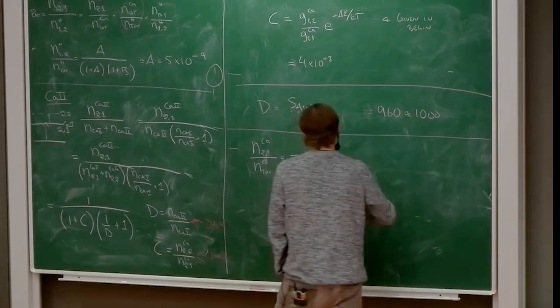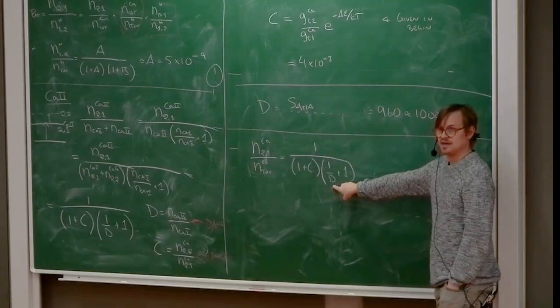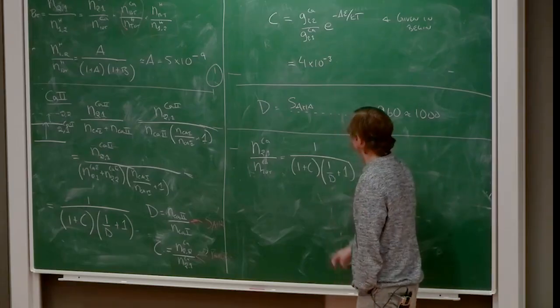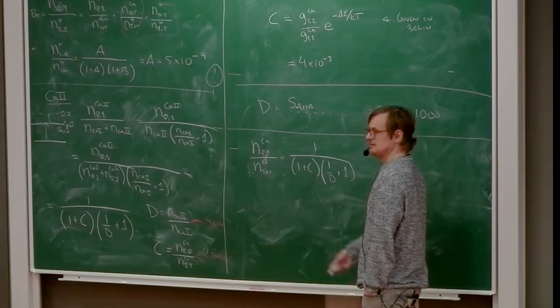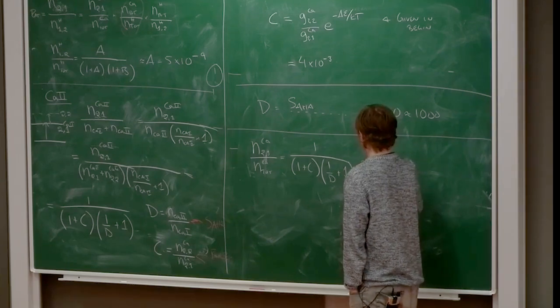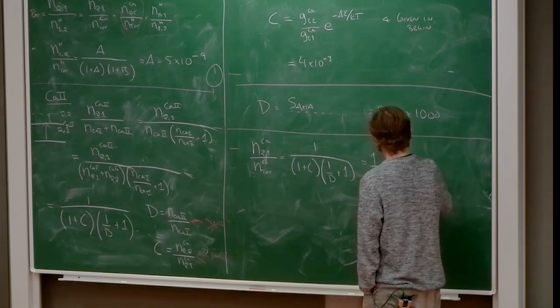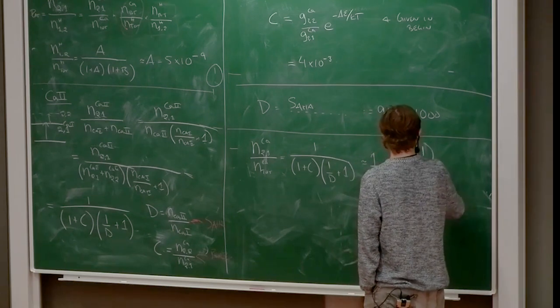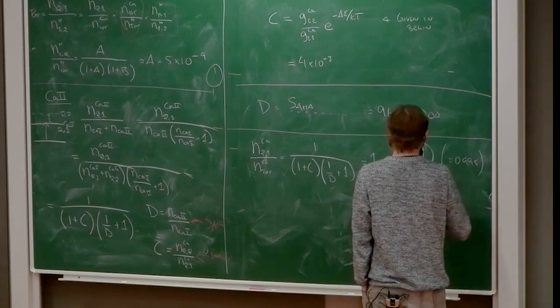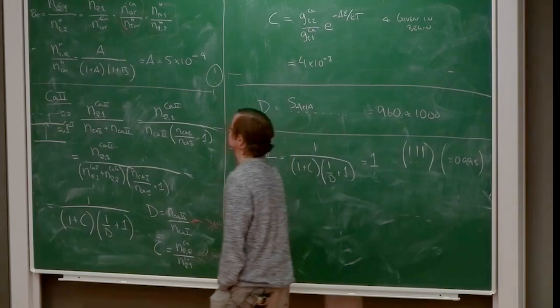But there you see that D is actually 10 to the 3, right? So this will basically vanish. C is 10 to the minus 3. Well, this will also be 1 then. So this is going to be on the order of 1. Technically, I think that I got 0.995, but that's not going to matter for the conclusion.